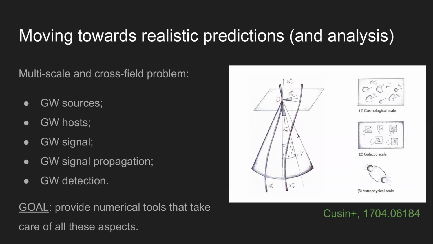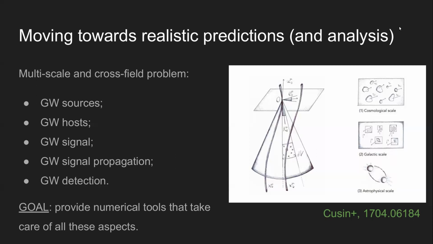So you see, you need inputs from different fields: from numerical simulations that are going to tell you what the signal looks like, to cosmological simulations to say how the galaxies that host this kind of signal are distributed in space, to cosmological analysis that tells you how the signal propagates in your background.